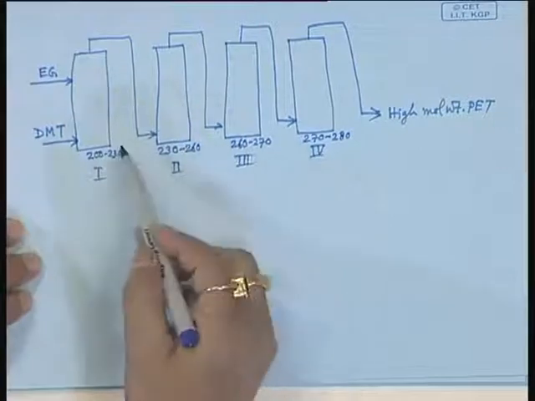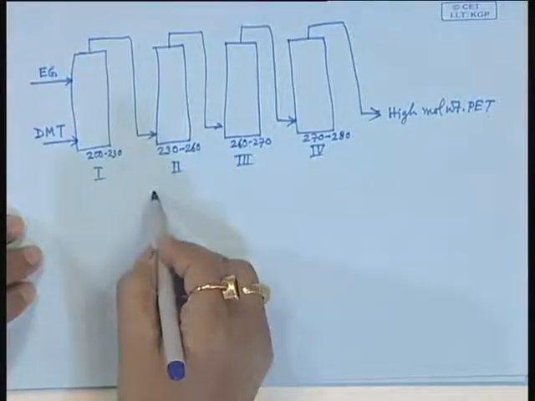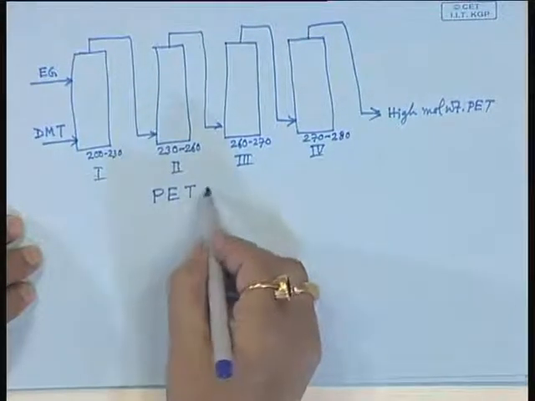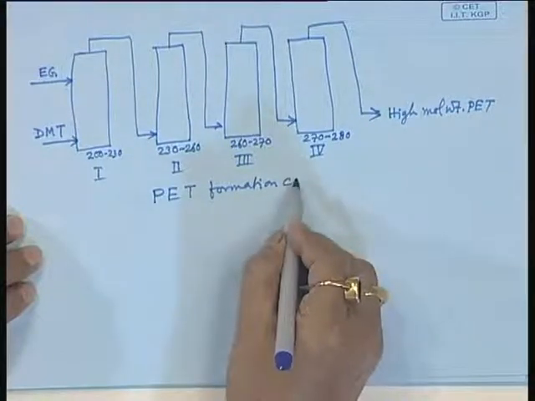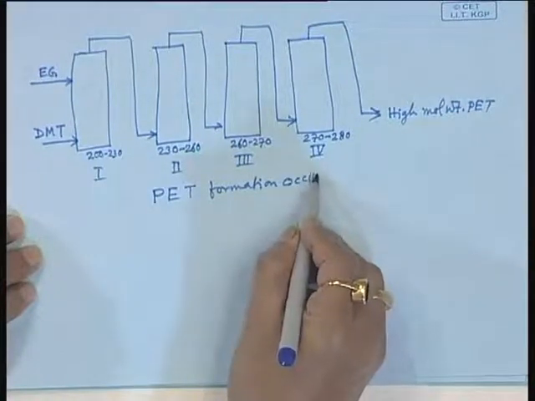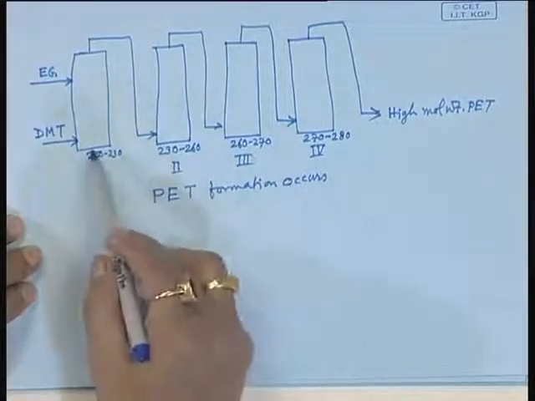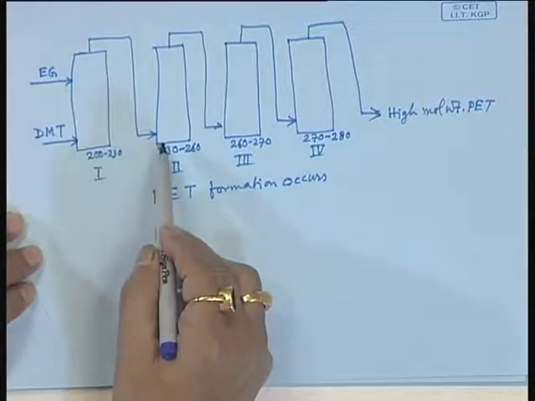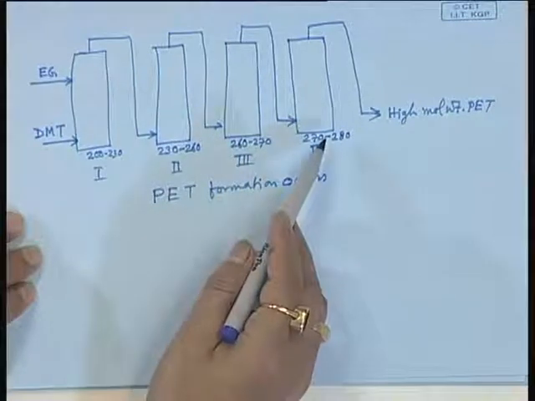Suppose this is a series of reactors. In all these reactors, PET formation occurs, but the temperature is different because here we have lower oligomers, medium oligomers, higher oligomers, high molecular weight.